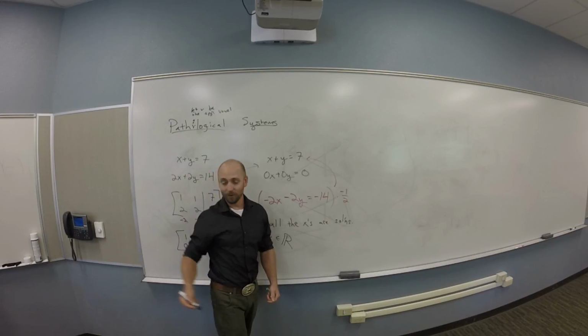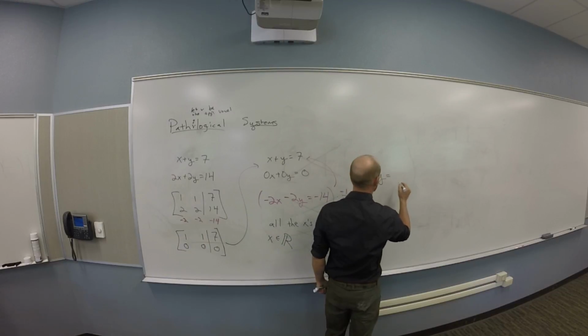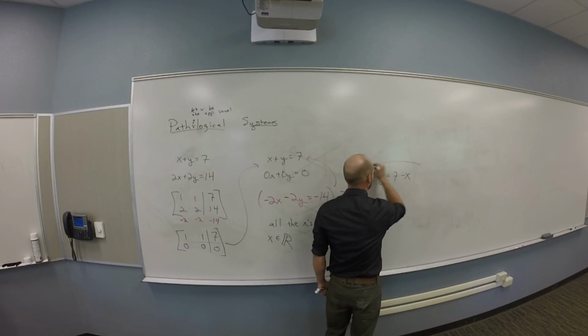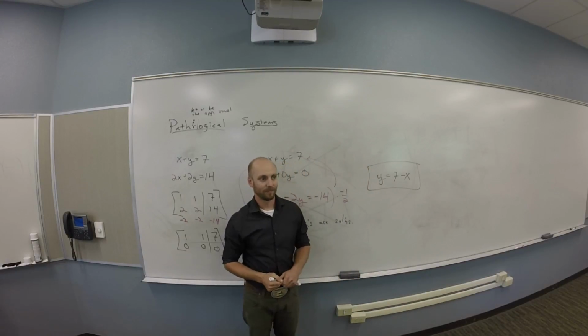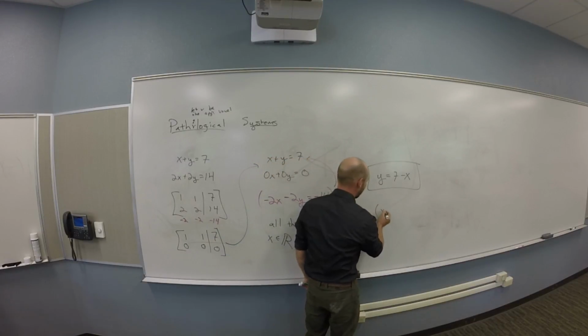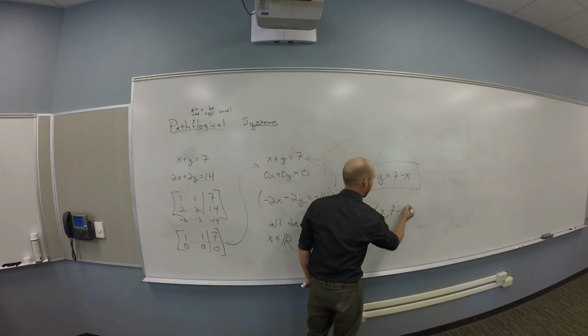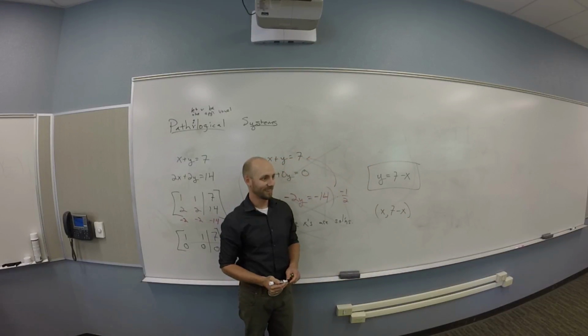Yet other students who have had a bit more math might write y equals 7 minus x. There's your solution set. Or they might write points that look like x and 7 minus x. That's really the graph of the line, right? You can see that?